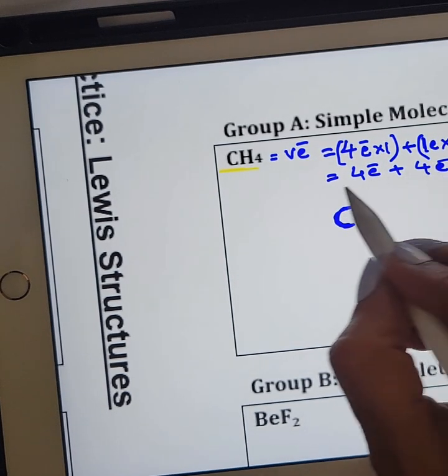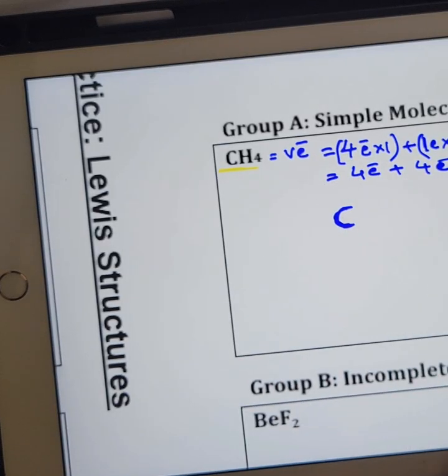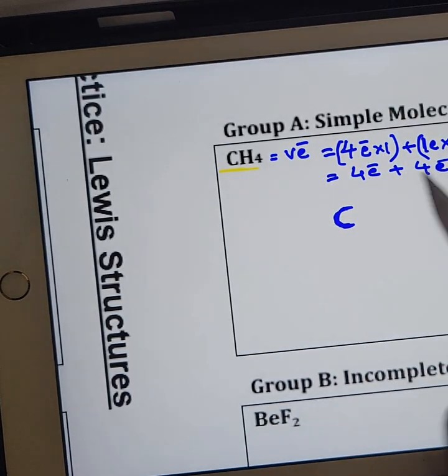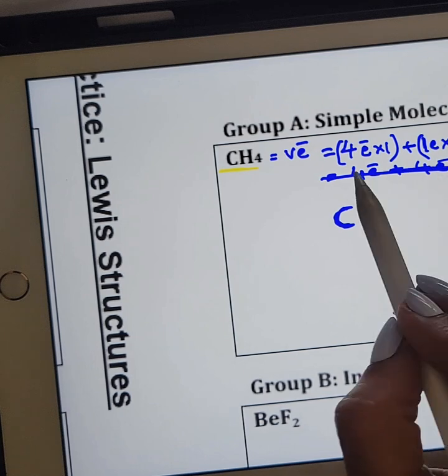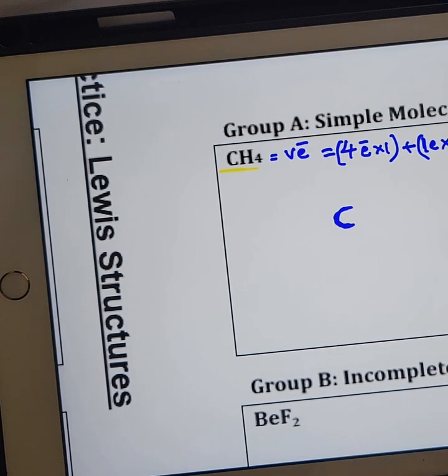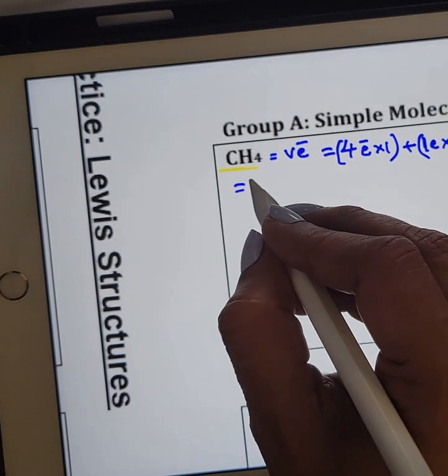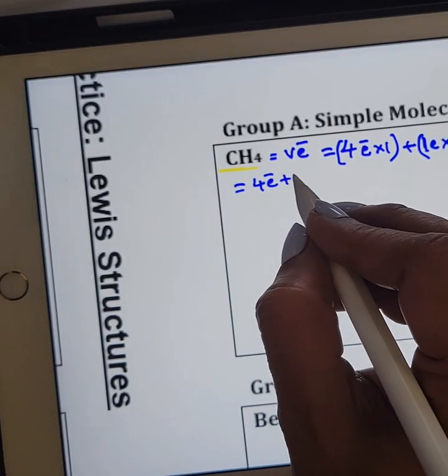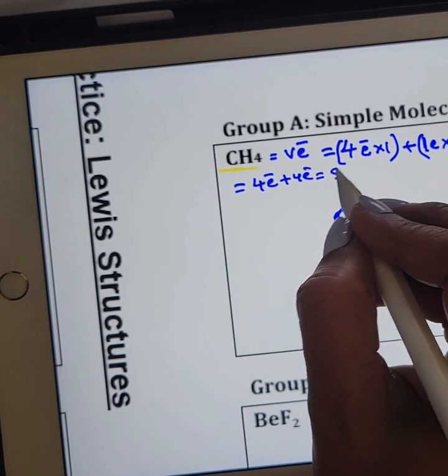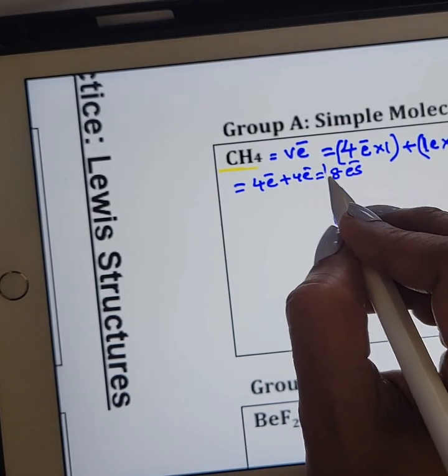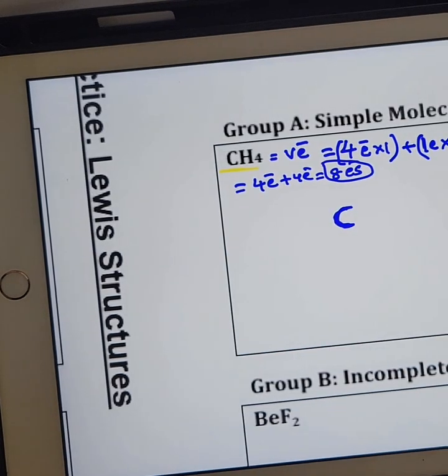Total how many valence electrons? 8 electrons. That is the first step you have to do.